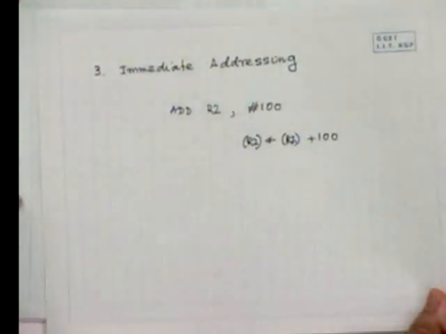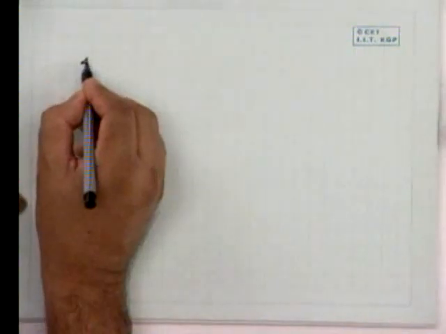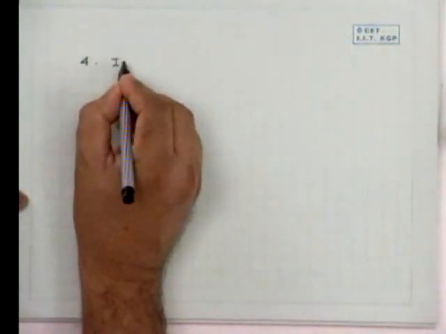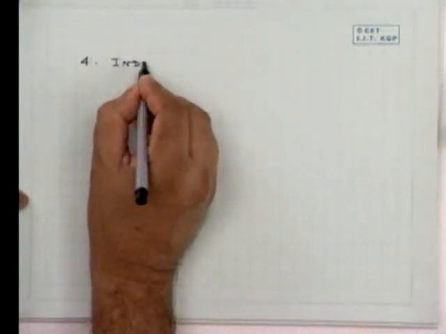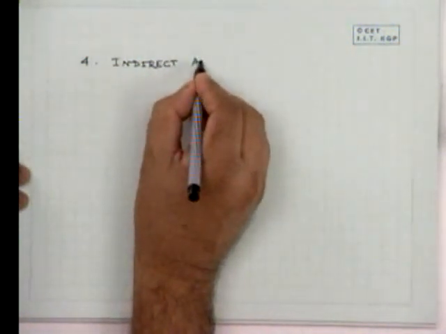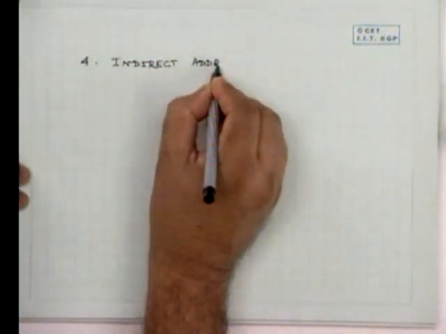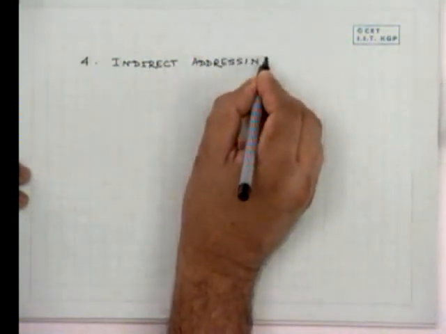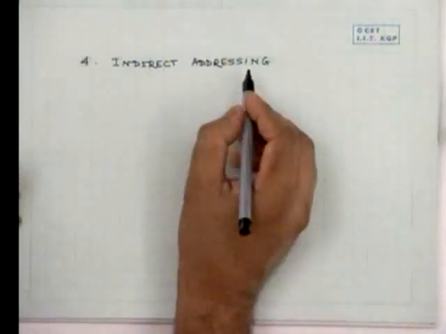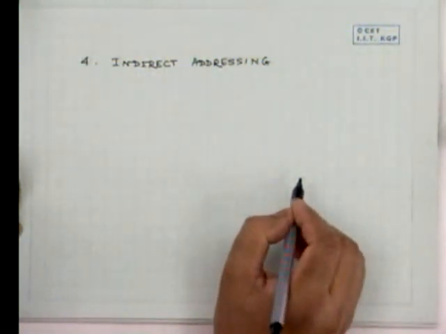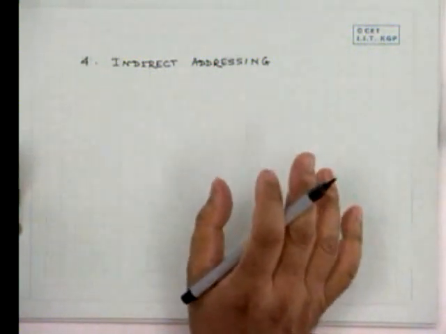Let's come now to the fourth addressing mode, indirect addressing. Indirect addressing is that you get the address of the operand from the content of another memory location.